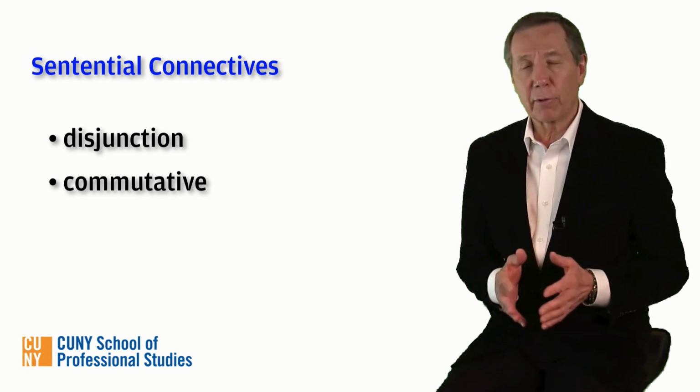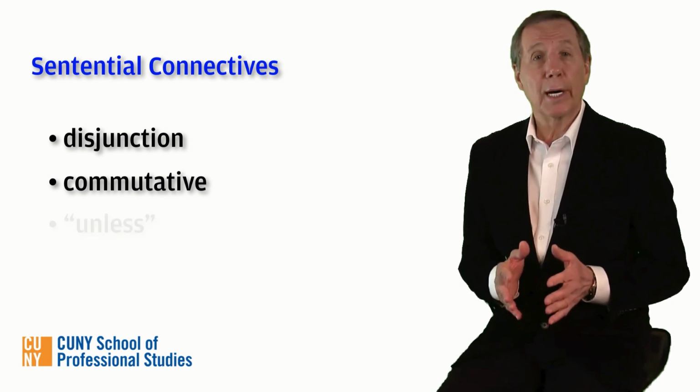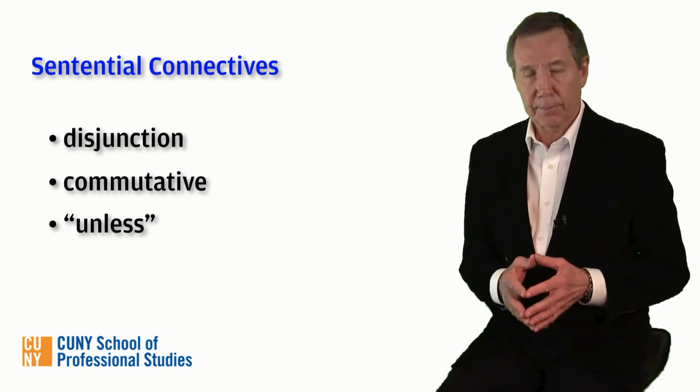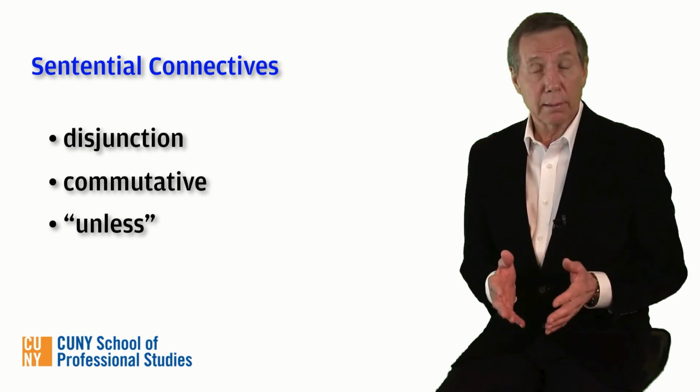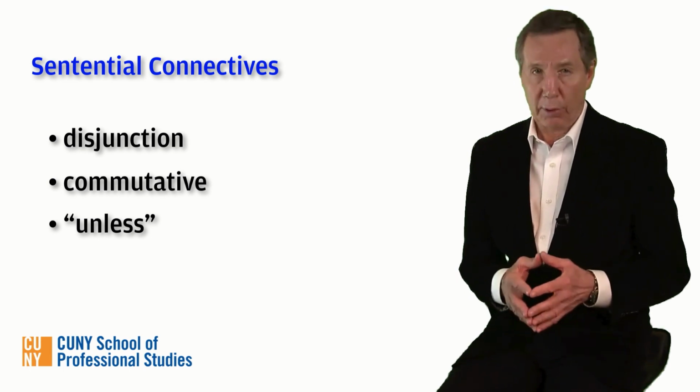We should also note several other features of disjunction. First, you can use the word "unless" to form a disjunction, as in, "Unless it's the weekend, I'm working," which means either it's the weekend or I'm working.